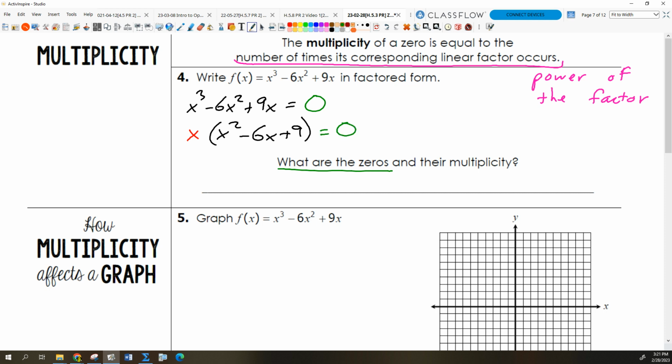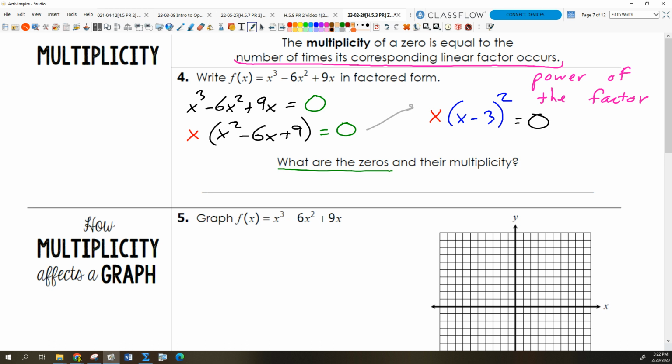Okay, can you find magic numbers? -3 and -3, right? So we could get x times (x minus 3) squared equals 0, right? Anybody agree?